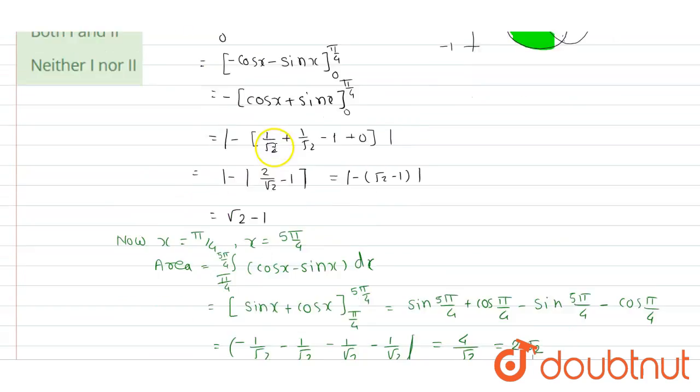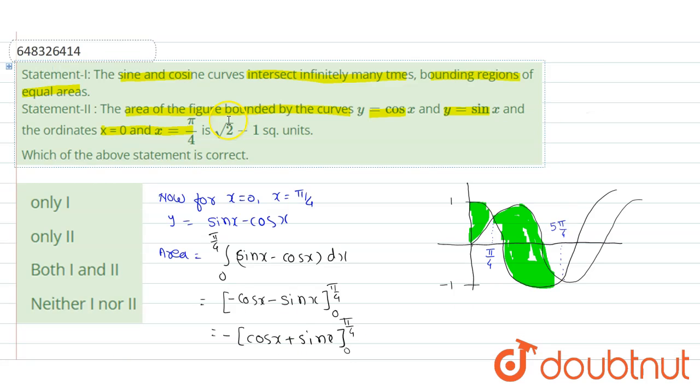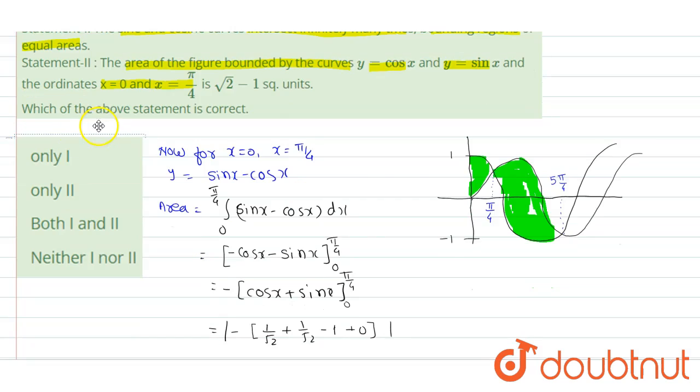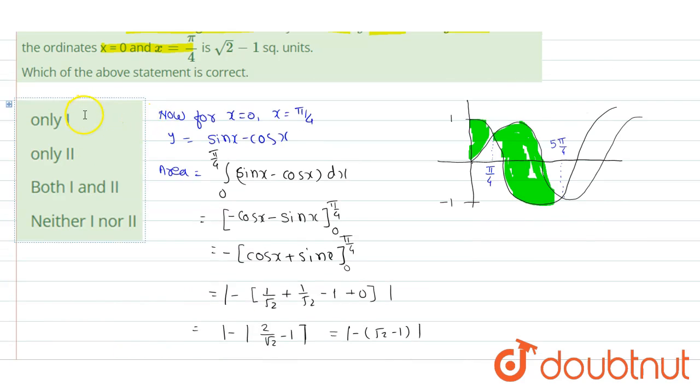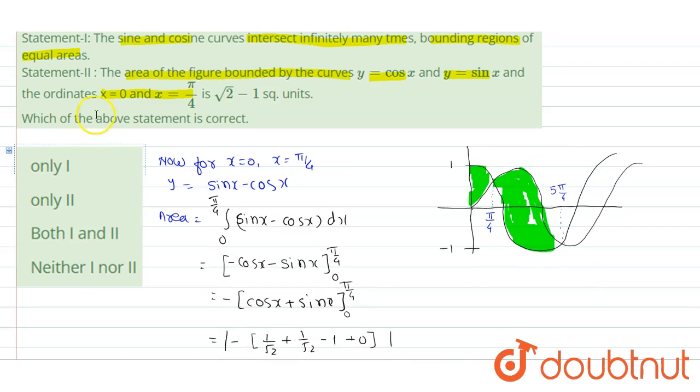So the first statement is wrong, and the second statement, with the answer root 2 minus 1, is correct. Our answer is: only the second statement is correct.